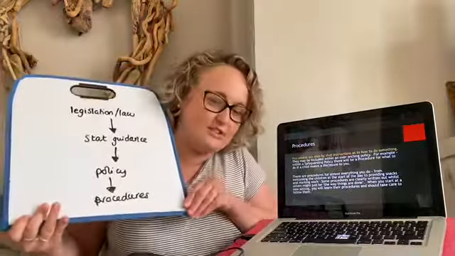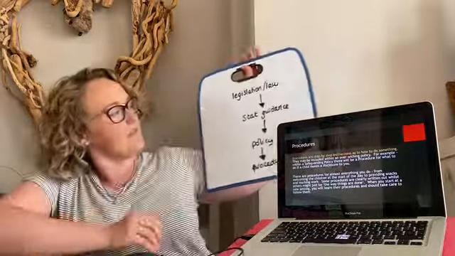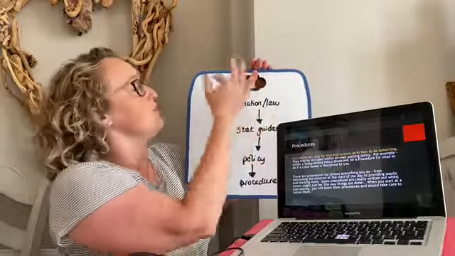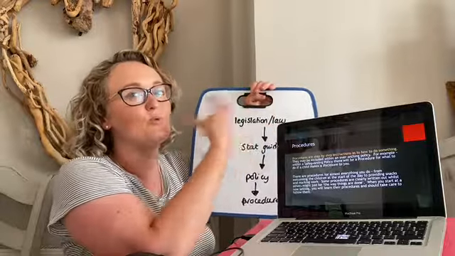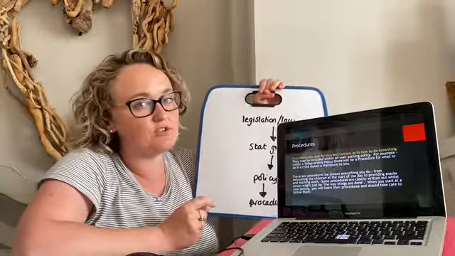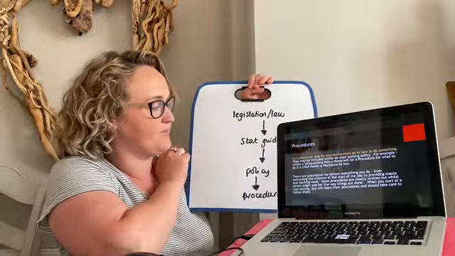I should have included this on the PowerPoint, but I just want you to see here, hopefully you can see. We have legislation and law at the top. Now that legislation and law filters down into the statutory guidance. The statutory guidance is almost like a watered down version of that legislation and law, a much smaller document that sets out exactly what the legislation and law is telling us what to do.